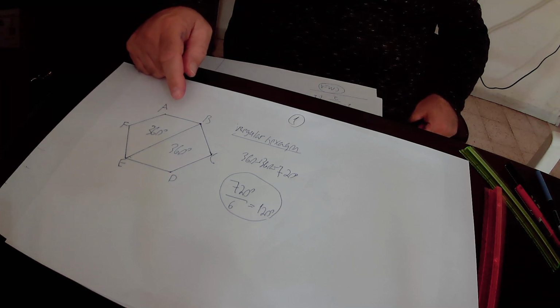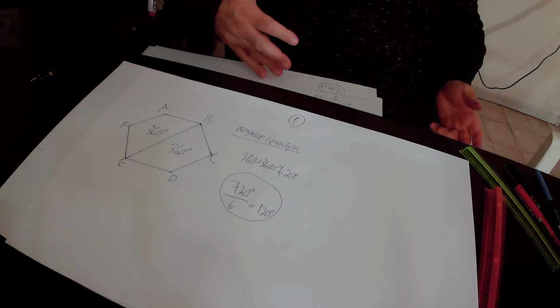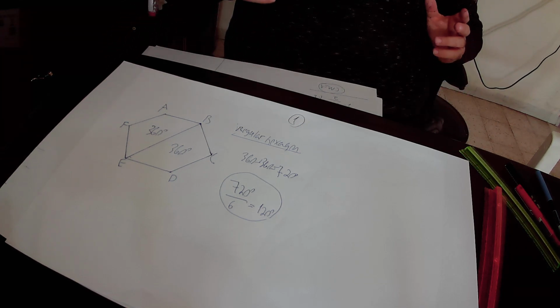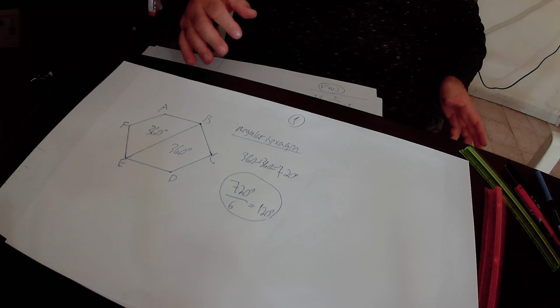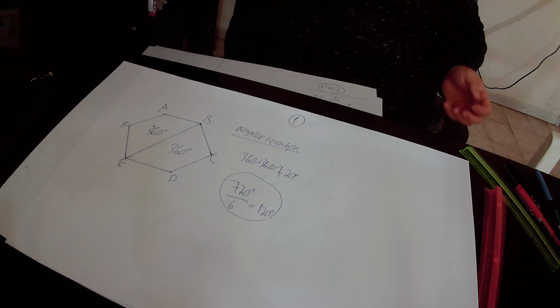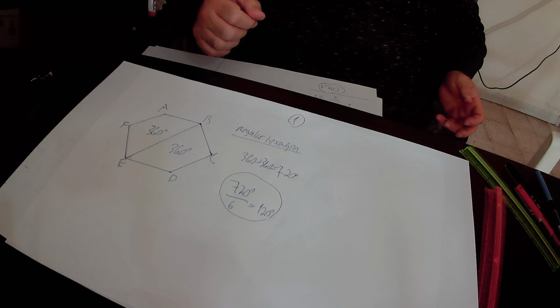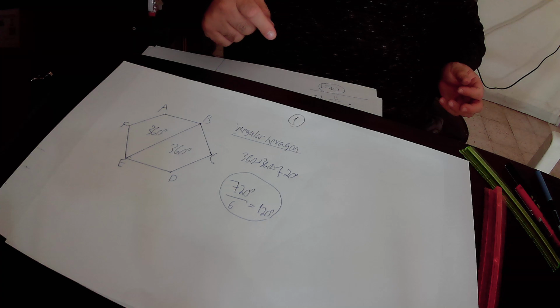We know that any regular hexagon has 6 interior angles that are equal to each other. So if we divide the sum of the total interior angles by the number of the interior angles, it will give us the size of one interior angle.